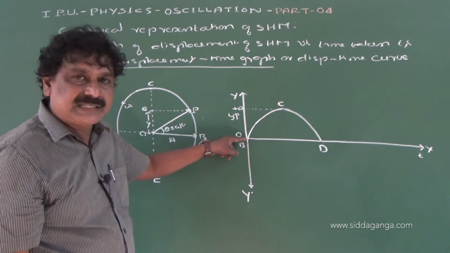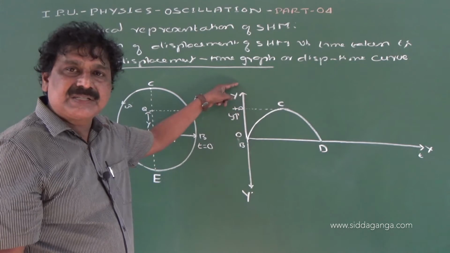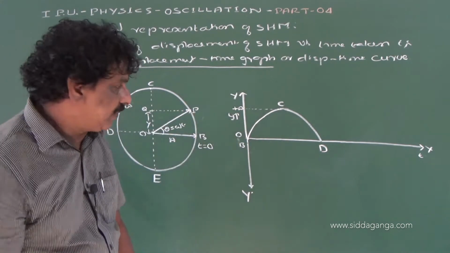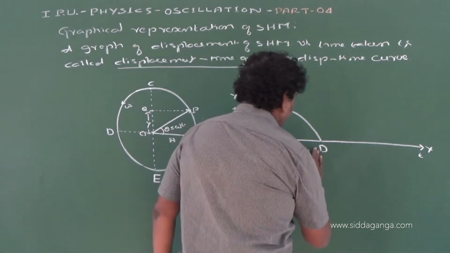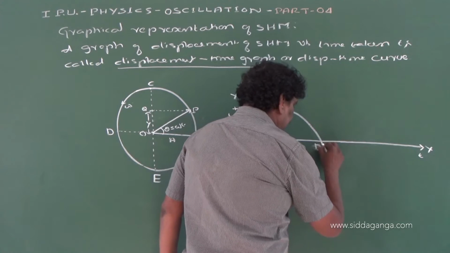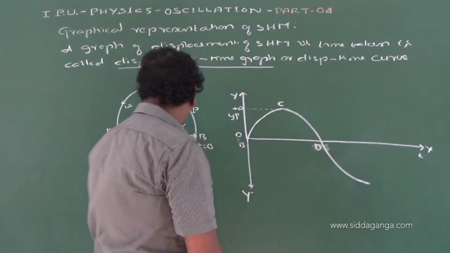So if we take it as the y-axis, then OY represents positive y, OY dash represents negative y. Therefore, the graph moves like this.